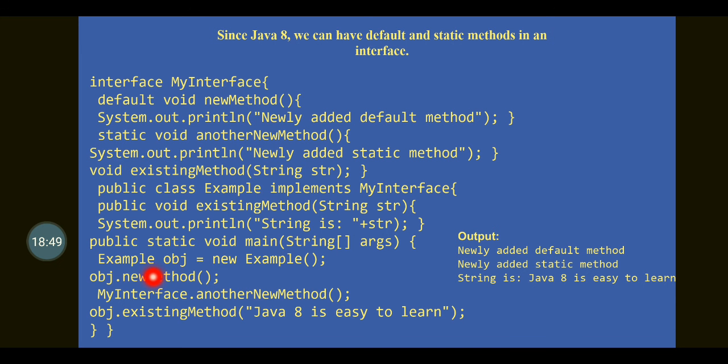We all know that a static method can be called without an object, so with the help of the interface name itself we can call the static method, that is MyInterface.anotherNewMethodOf. The newly added static method will be called, and then obj.existingMethodOf. Java 8 is easy to learn is the string we are going to pass. So the output will print: string is Java 8 is easy to learn.